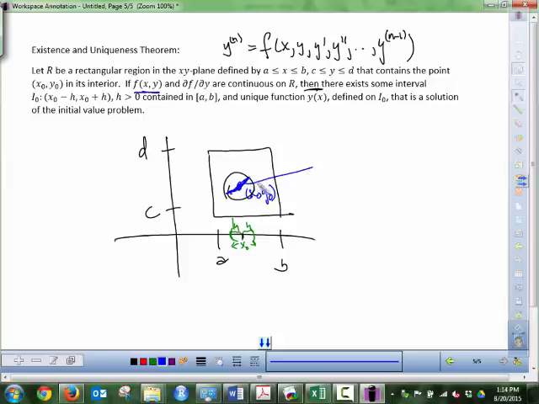So this is your solution curve. That means you're guaranteed a solution within that interval, and within that interval, that solution is unique. That means that's the only solution that would work.